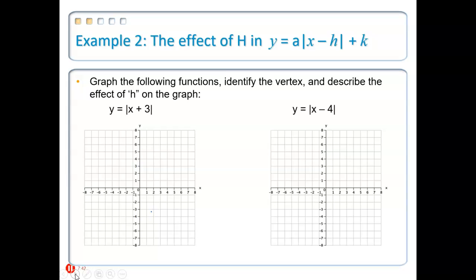Since this is a positive, that really means this is like the absolute value of x minus a -3. So it's like a double negative, which means my graph is moving to the left 3 units, not the right.